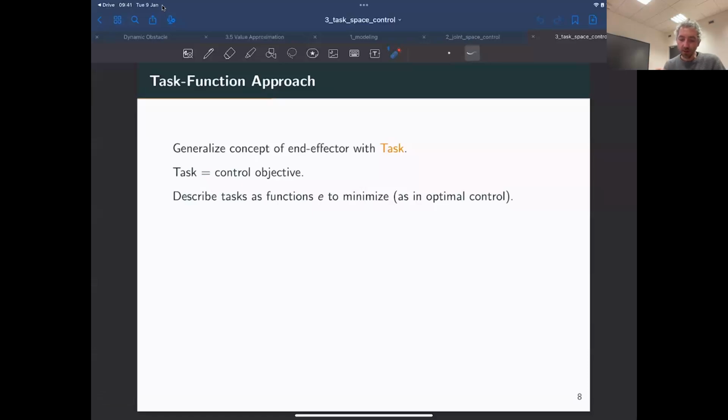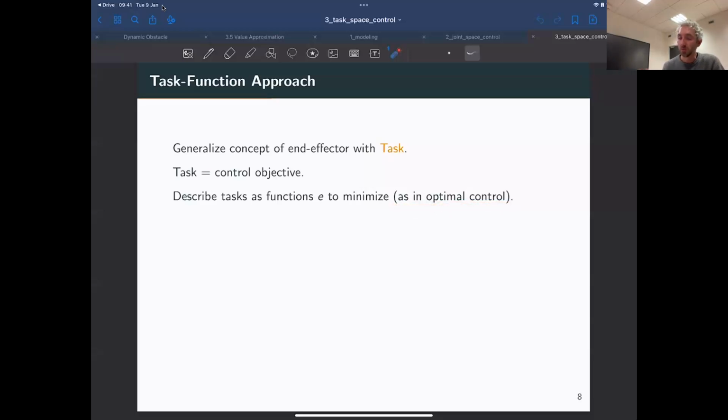And we can make this a bit more formal to see how general it is and what are the subtleties we need to take care of when we generalize this. So let's describe a task as a function, which we're going to call E for error, which we want to minimize. So this is very similar to what people do in optimal control.